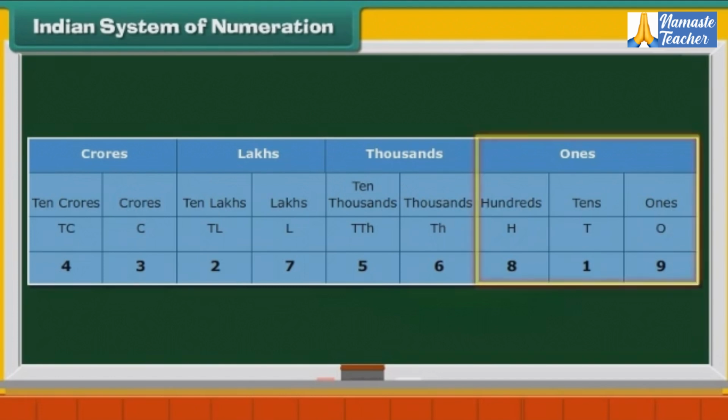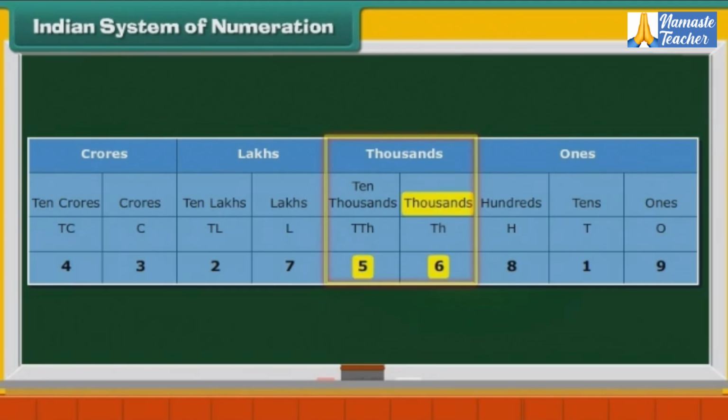Let us look at the Indian place value chart in detail. The ones group has 3 digits, 9, 1 and 8. Each of these digits has a specific place. They are ones, tens and hundreds. Similarly, the thousands group has 2 digits, 6 and 5.